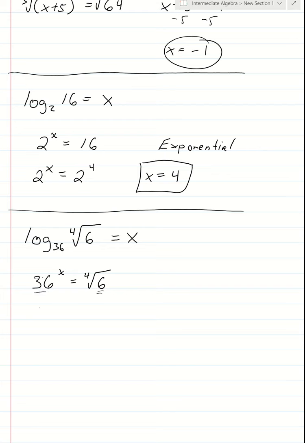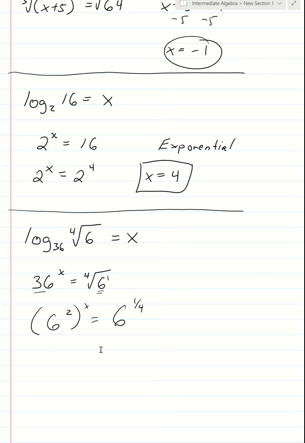So I'm going to write that as 6 squared to the x power. And instead of the fourth root of 6 to the first power, let us not forget that we can change radicals into fractional exponents, in which case that would give us 6 to the 1/4 power.